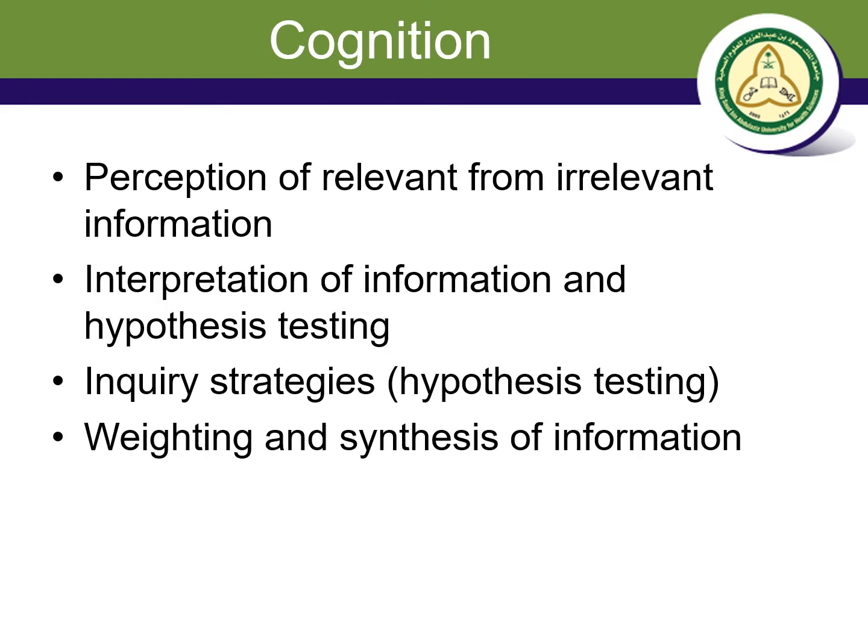Then cognition: perception of relevant from irrelevant information. When a patient comes to you, they tell you a lot of things, so you have to extract the relevant things. Interpretation of information and hypothesis testing. Inquiry strategies: if you have made a hypothesis, you have to make some inquiry related to that hypothesis.